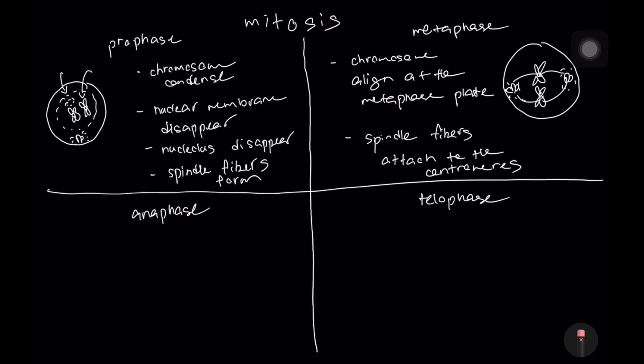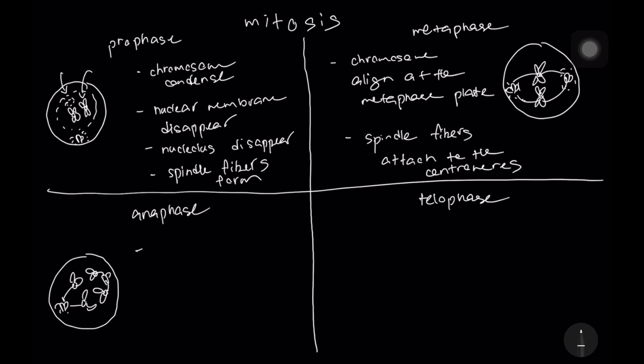And for the anaphase, same thing, I'm going to draw a diagram. This is the centrioles, same thing. And then obviously we can see that the chromosomes are pulled apart.